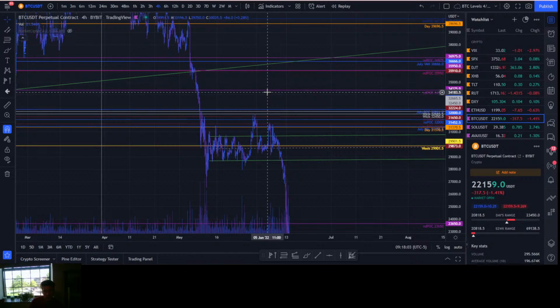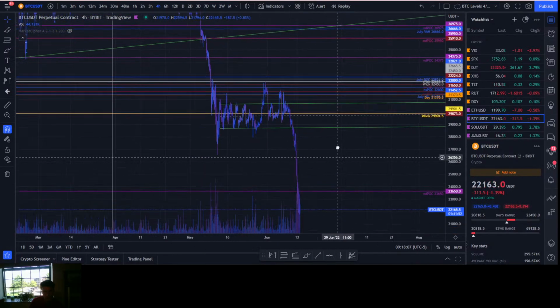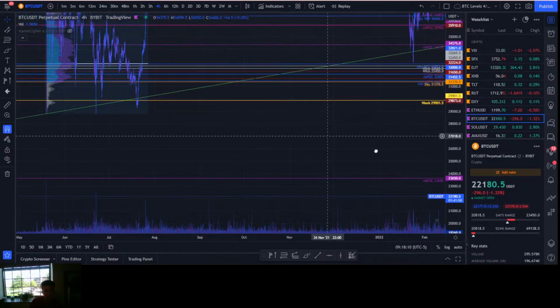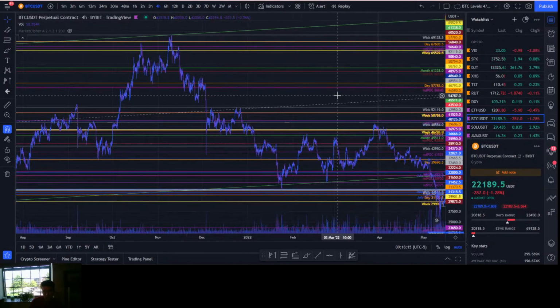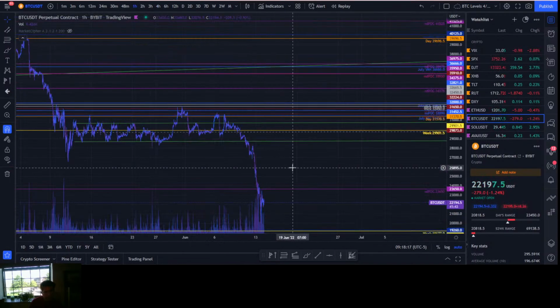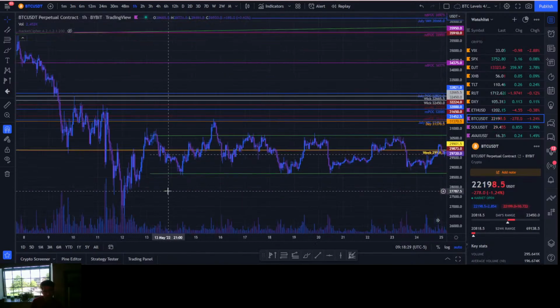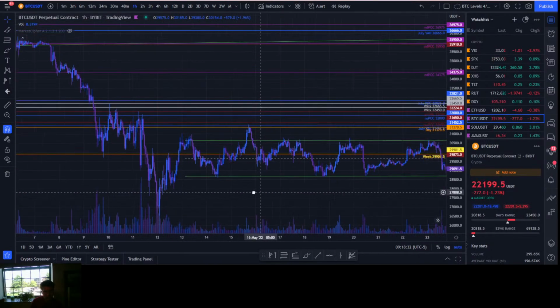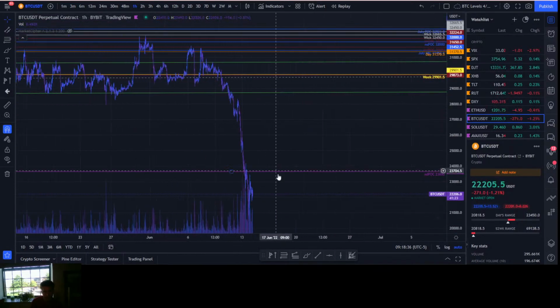But just looking at the 4 hour, it's in a pretty good downtrend, I'd say. But I'll go back to the 1 hour. Just comparing like this as a fractal, I suppose, of this previous fractal to this.